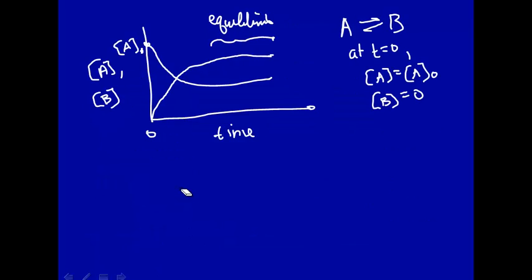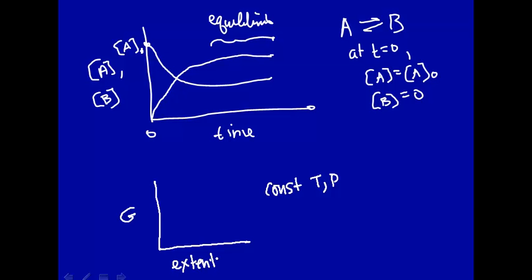Let's look at energy. Energy is at a minimum, and we said from introductory chemistry that the energy we're interested in at constant temperature and pressure is the Gibbs free energy G. Here we'll plot against what we'll call the extent of the reaction, defined more clearly later.